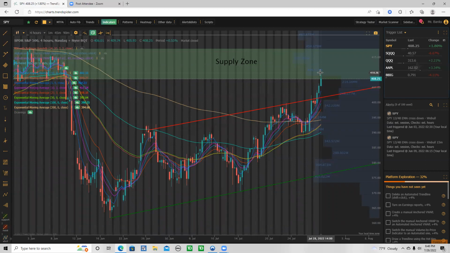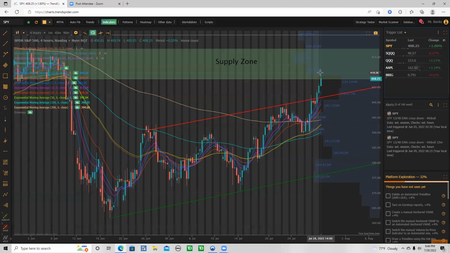So what does that tell me? Well, if by the 4-hour, we're already reaching past these EMAs, which we know are magnets, then that means it looks like we're definitely getting a little overextended. And it looks like 417, 418, if we get there, we should definitely see a nice rejection and pullback from it, right?